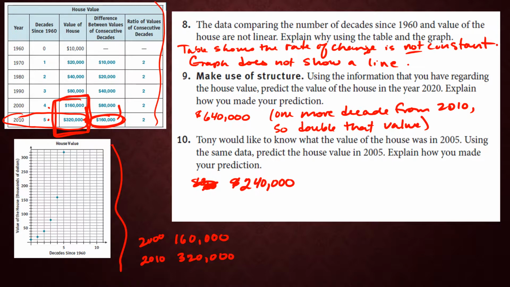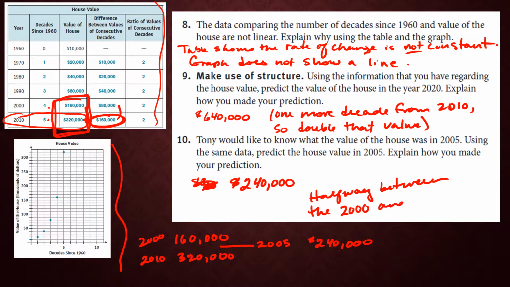So halfway in between there, in 2005, it would be worth 240,000. Halfway in between, so 80,000 higher. Explain, so we went halfway between the 2000 and 2010 values. Sorry about that.